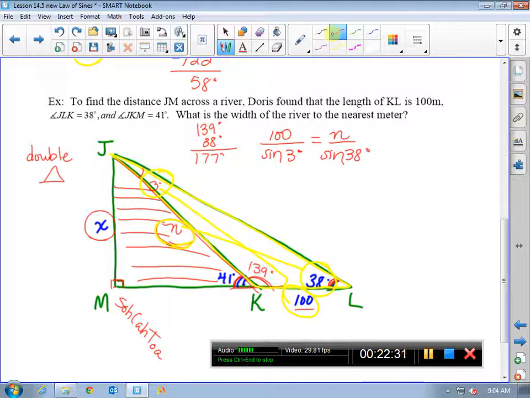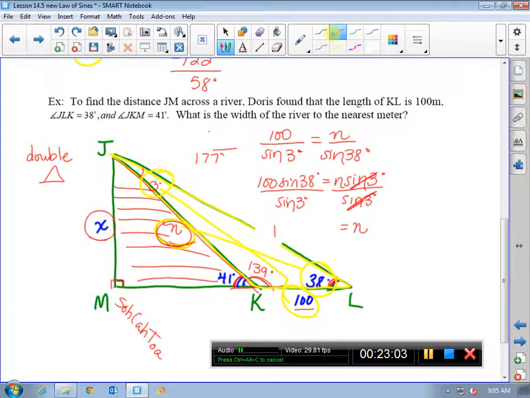So let's go find the shared side, and we're not allowed to round it. Not allowed to round it because it's not our final answer. Sine of 3. All right, so to find this shared middle side, n, we're going to do 100 times the sine of 38 divided by the sine of 3 degrees.